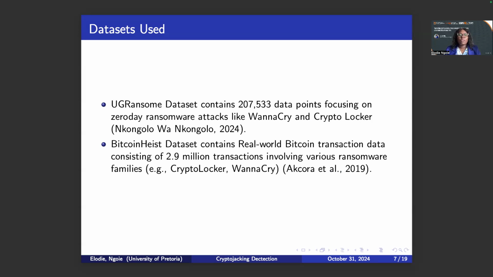It's about 2 million real-world data points, about Bitcoin transaction records. Both datasets provide a robust foundation for training and testing our model.